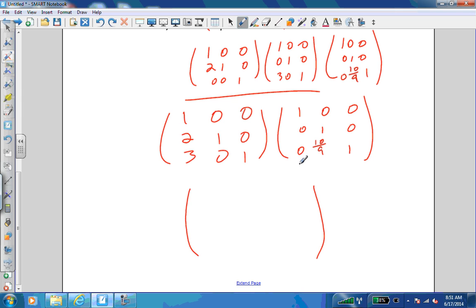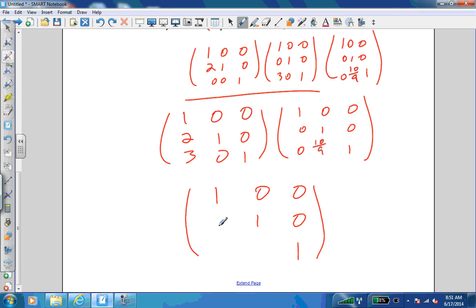So if we multiply here, we get a 1. This times the second row, we get 0. Times the third row, we're going to get 0. We can use our theorem and say, well, we know that our diagonals are going to be 1, and it's lower triangular, so now we can just go back and multiply to get these positions.